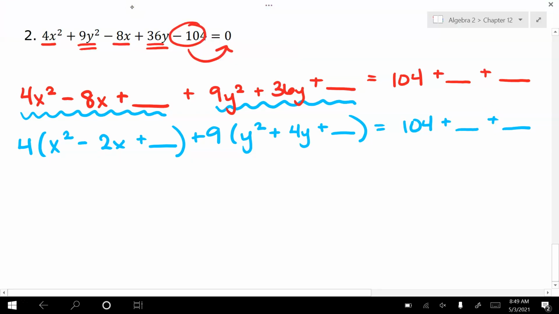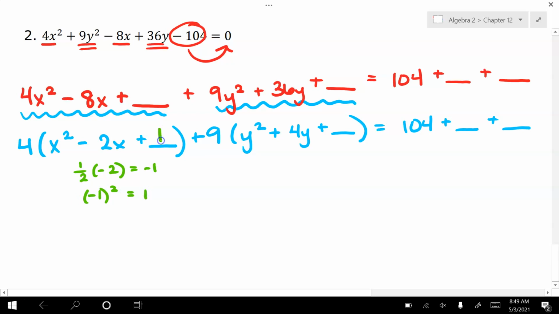So now I'm looking at just the inside piece of my parentheses to use to complete my square. So I'm going to take this -2 times a half, which is going to be -1, and then we're going to square that. So -1 squared is +1.